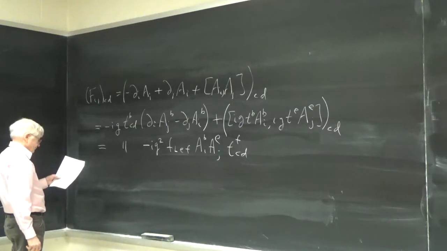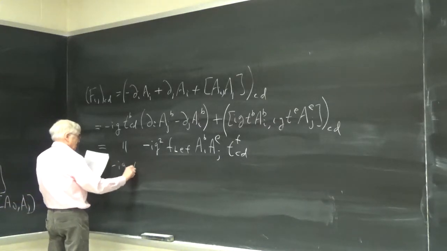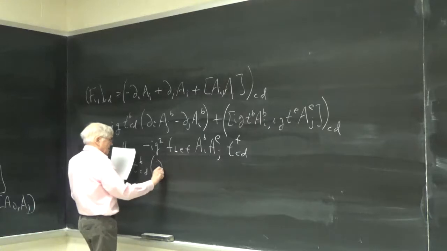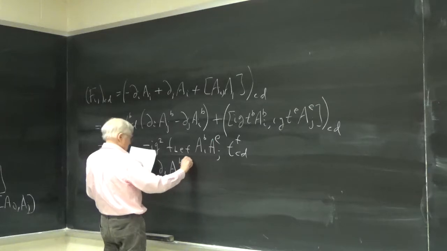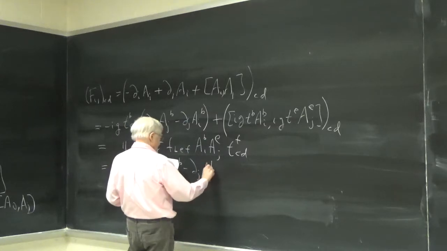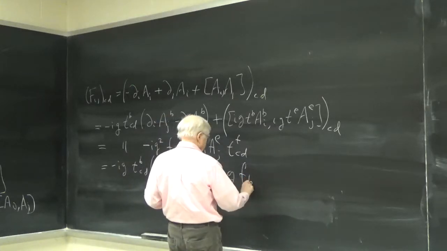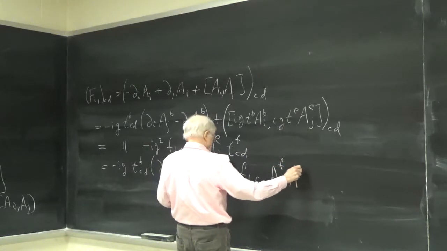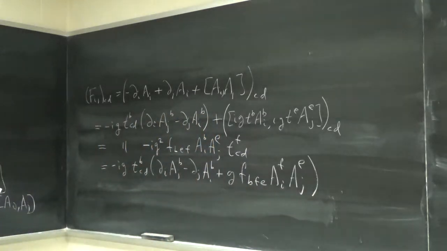And so we can regroup this as minus iG T^B_CD D_i A_j^B. So I'm skipping some steps, which I'll refresh in the notes on the web page tonight. Okay, so that's the final form of it.